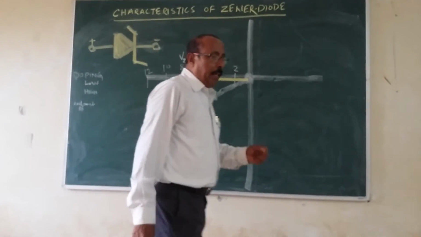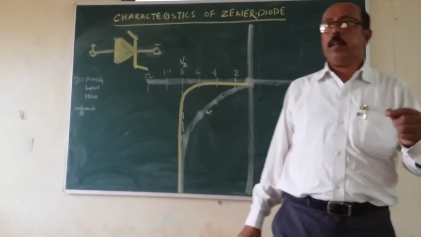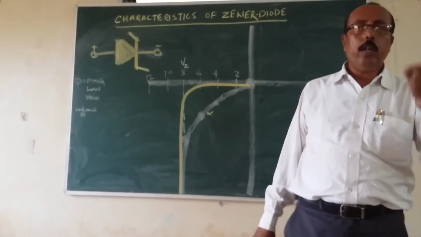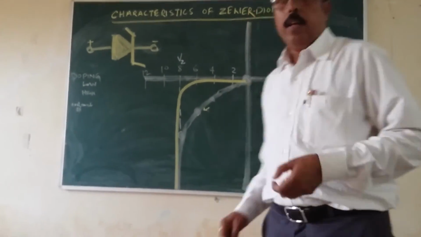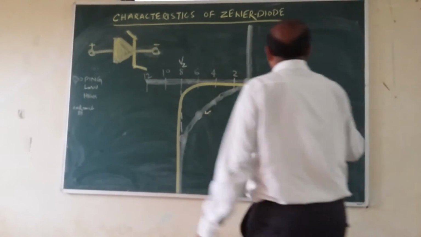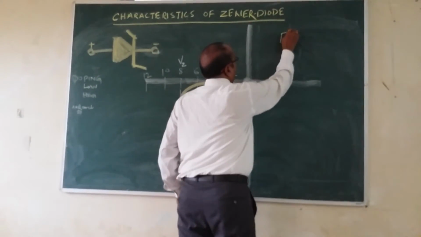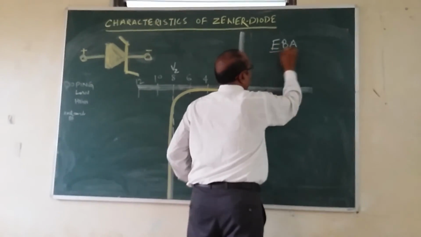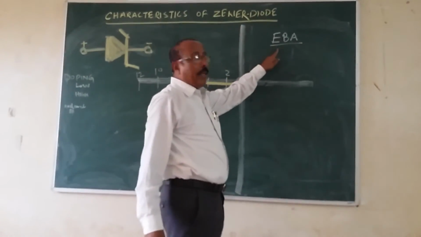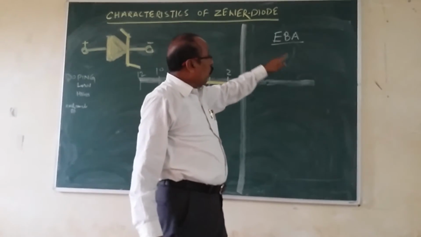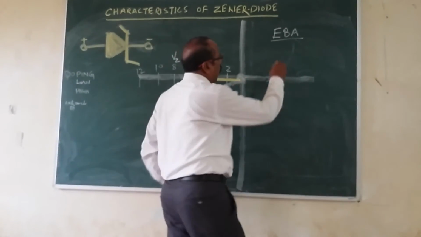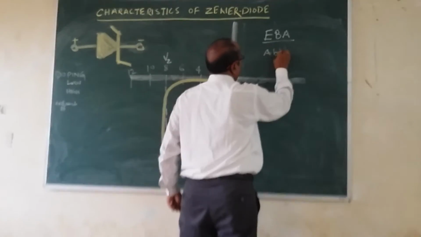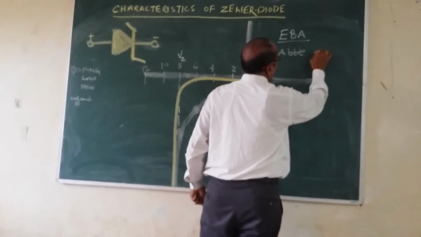Whenever you are going to plot or draw any curve, this approach is called the eyeball approach. It is also called the Abbe approach.